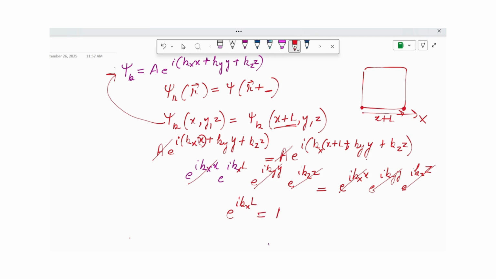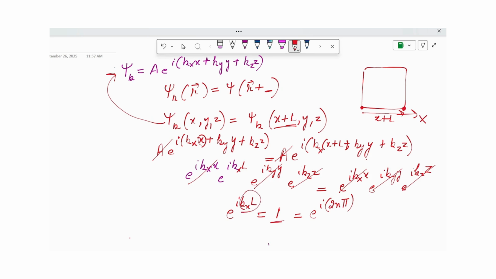Now this is possible only when the exponential has the factor of 2n pi. I mean to say exponential of iota 2n pi, where n could be 0, 1, 2, 3, is equal to 1.